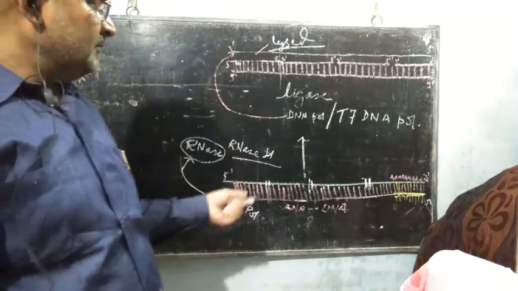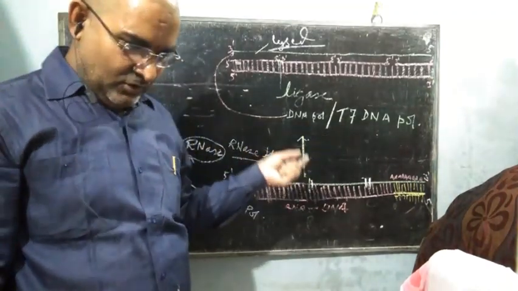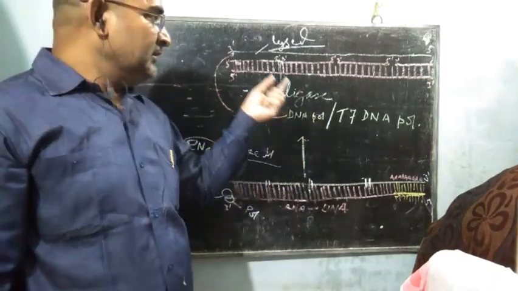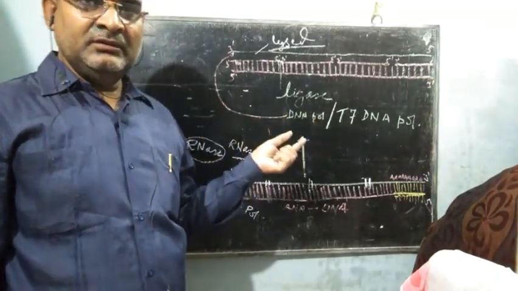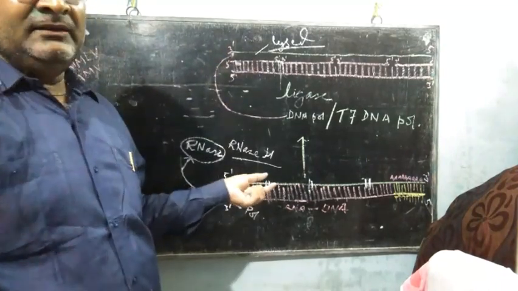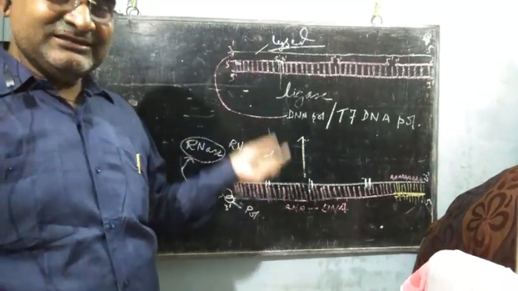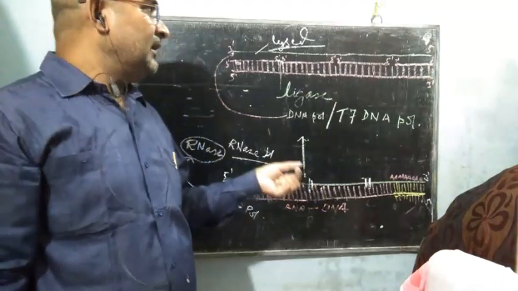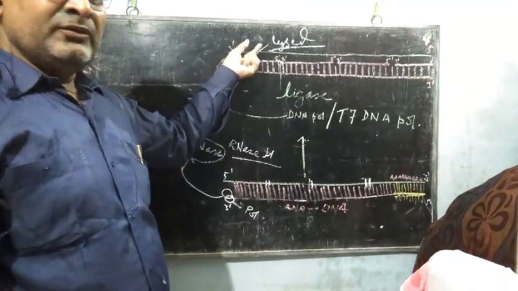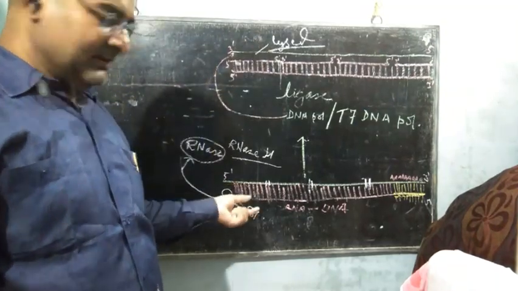In this way, we obtained a double-stranded DNA from messenger RNA, and the sequences are same as we initiated from the messenger RNA.